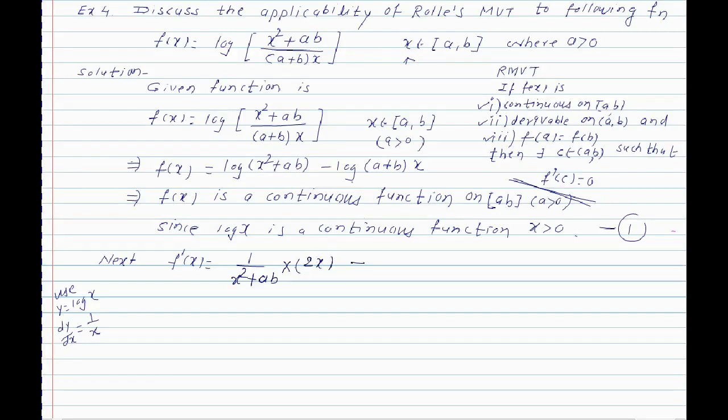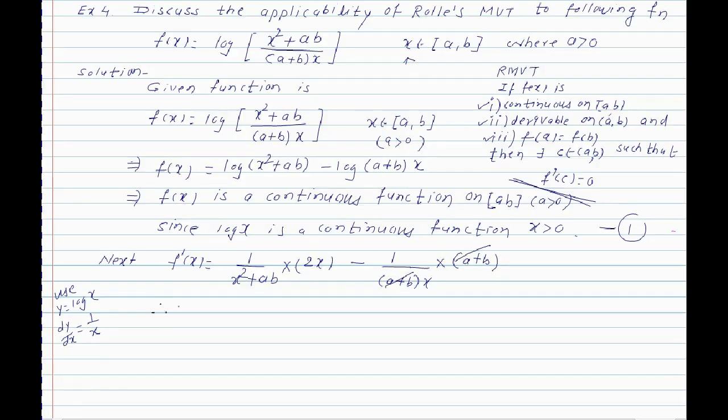minus the derivative of log of (a plus b into x), which is 1 upon (a plus b into x). Now again instead of x the expression is a plus b into x, so we have to multiply this with the derivative of a plus b into x, and the derivative of a plus b into x is a plus b.